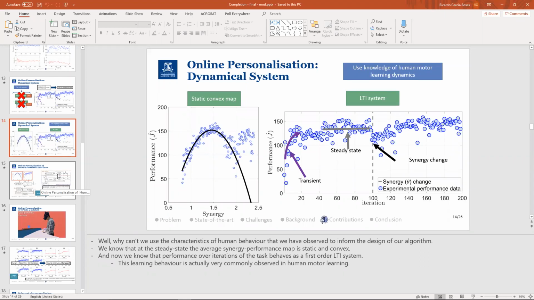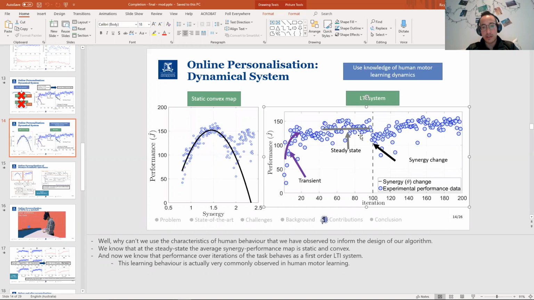Yeah. So if we were just doing timescale separation, the change would have to be very slow, right? Because otherwise what happens is what's in this figure on the right: if the jump is big enough, they need to relearn it, and that takes several iterations.